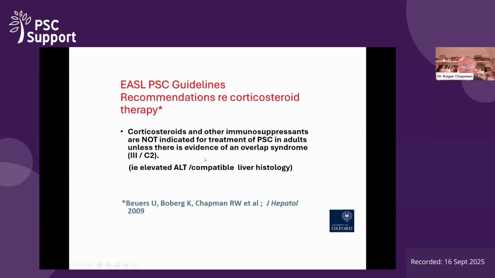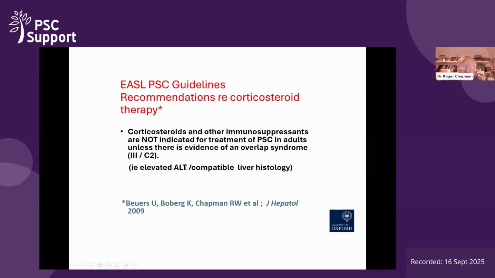So I think it's important because of the various guidelines. These are our early guidelines, but there have just been guidelines in 2022 from the European guidelines, a very good document actually, and within it they restated what we said: corticosteroids and other immunosuppressants are not indicated for the treatment of PSC in adults unless there's overlap syndrome.